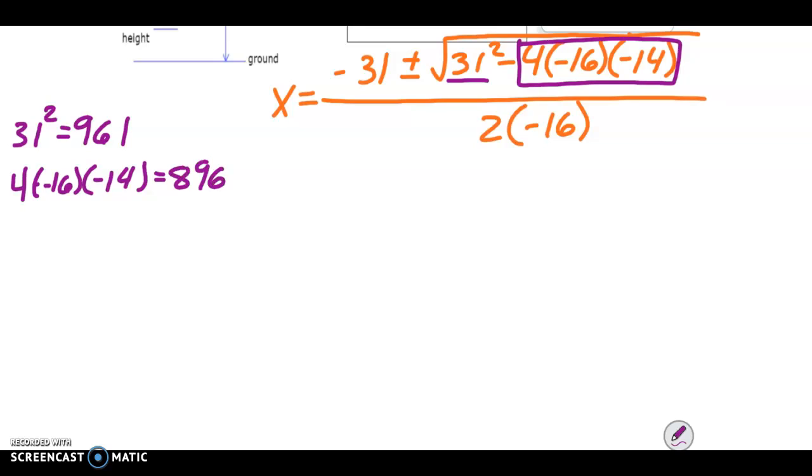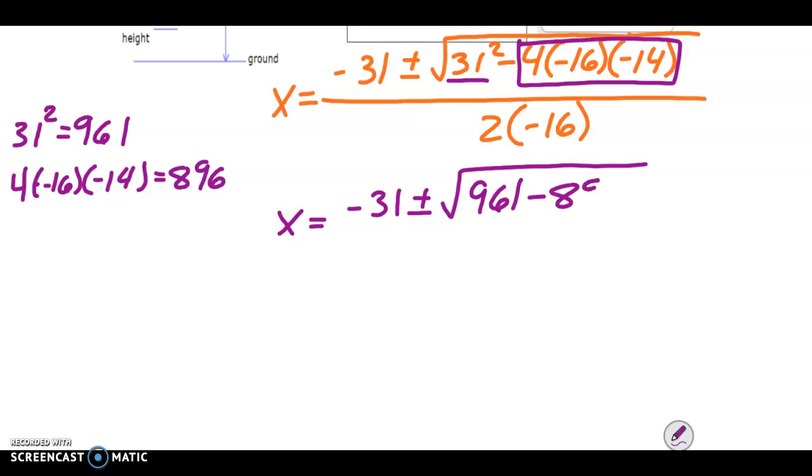So what I end up with here now is x equals negative 31 plus or minus the square root of 961 minus 896. Remember, it's subtracting because we didn't do anything with that minus. It's still sitting in there, all over negative 32.